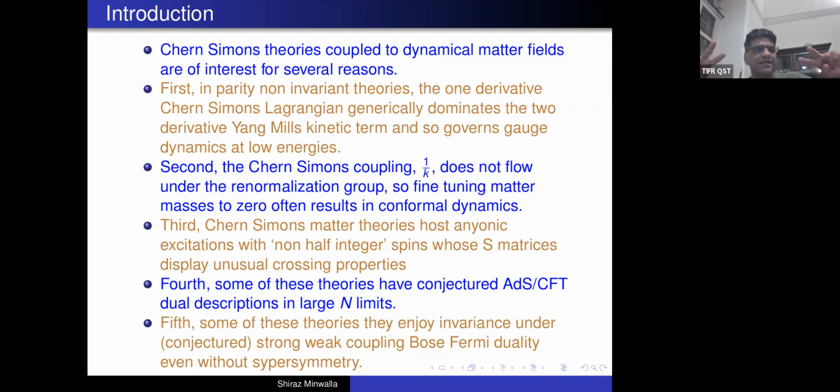And it's roughly the statement that if you have a Chern-Simons theory with level k and rank n coupled to fermions, it is sometimes dual to another Chern-Simons theory of level n and rank k coupled to bosons. It's a strong-weak coupling duality because the effective 't Hooft coupling of the theory, namely n over k, is being inverted.